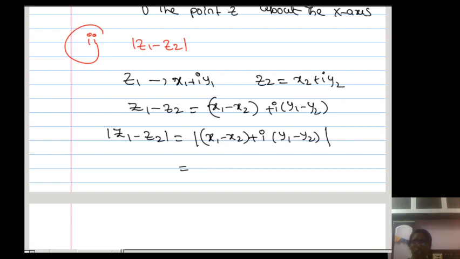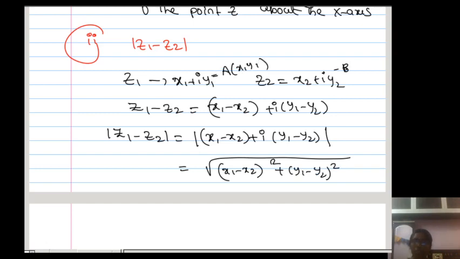So what is mod? Mod of x plus iy means the square root of x1 minus x2 whole squared plus y1 minus y2 whole squared. Here, A is the ordered pair (x1, y1) and B is the ordered pair (x2, y2). What is the square root of x1 minus x2 whole squared plus y1 minus y2 whole squared?